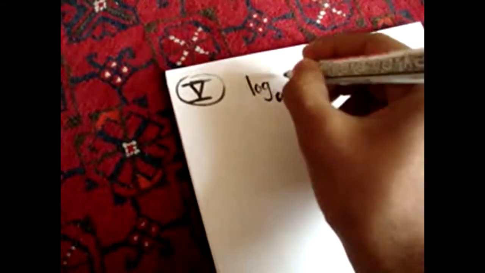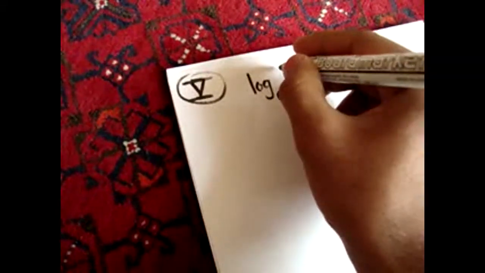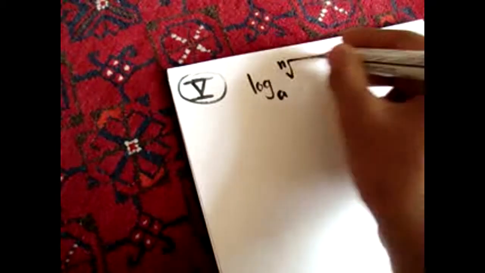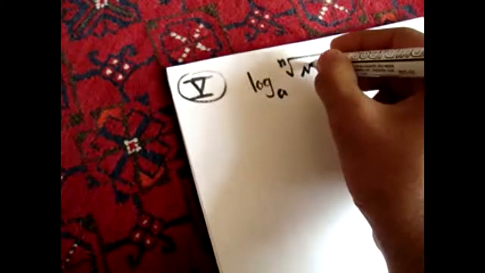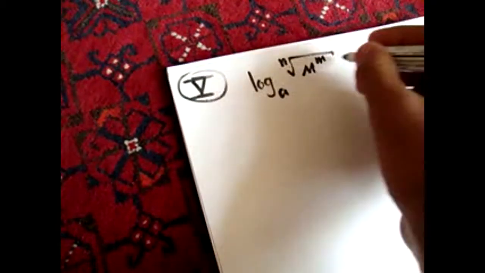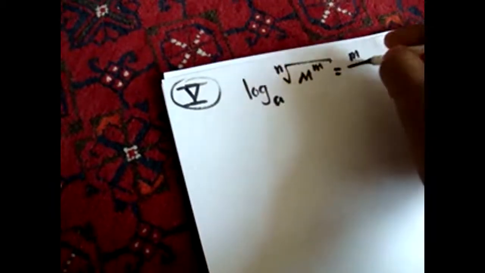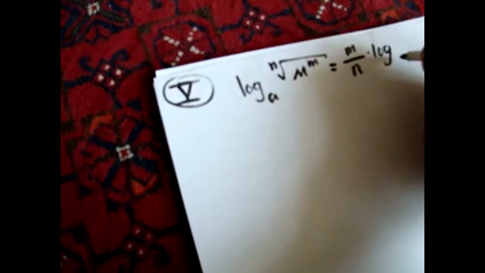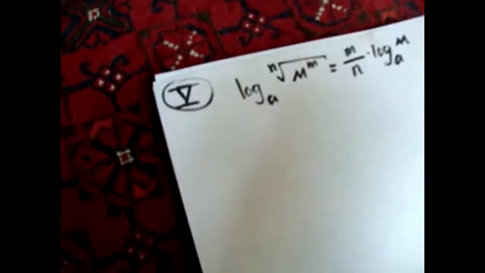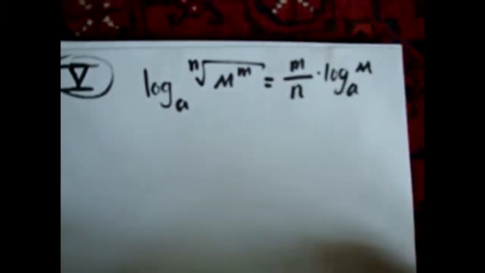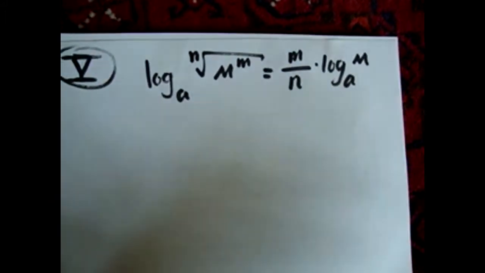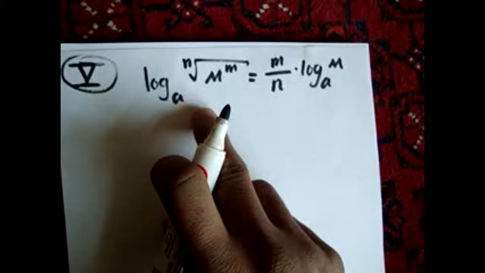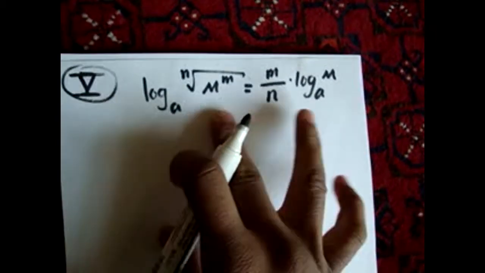Logarithm base a of the nth root of m to the power of m equals m over n times log base a of m. So this law says that this expression equals this expression.